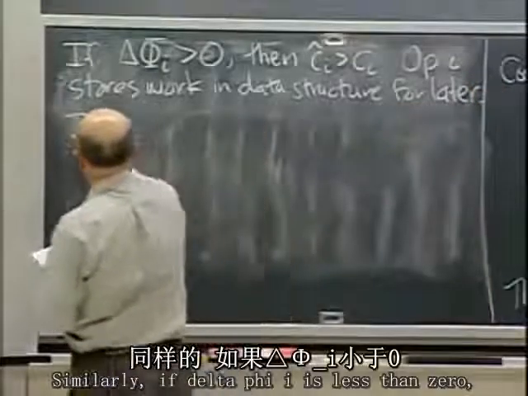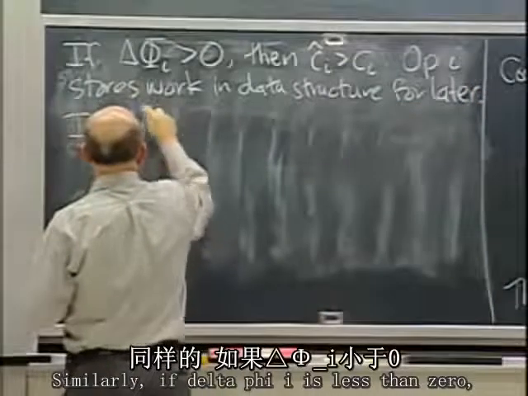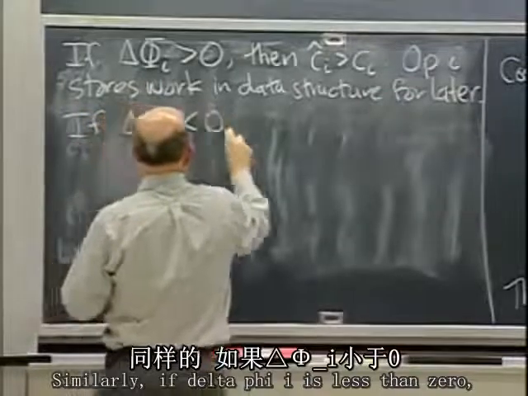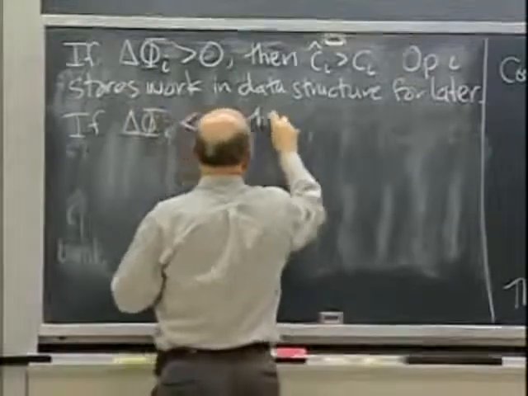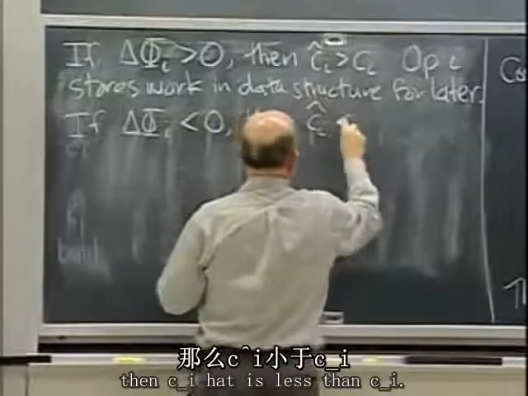Similarly, if delta phi I is less than 0, then Ci hat is less than Ci.